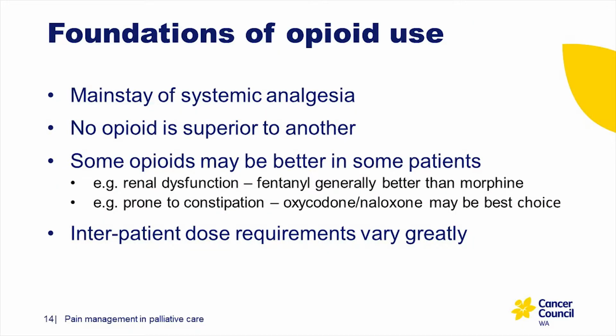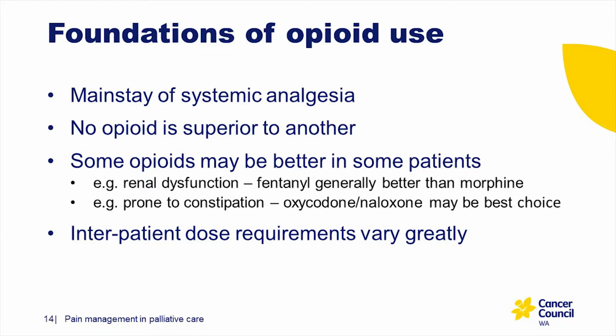So foundations for opioid use, as I've said, they are the mainstay generally in palliative care. No one particular opioid is superior to any others, so it is a matter of choosing the most appropriate opioid for that person, and if that opioid after a good trial hasn't worked, then we will switch to using a different opioid.